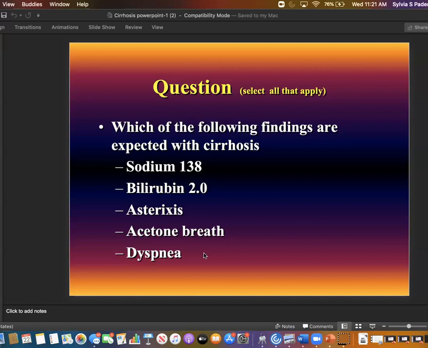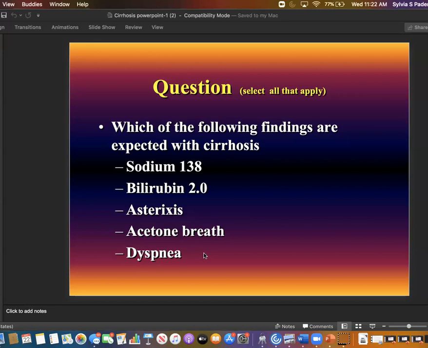So which of the following findings are expected with liver cirrhosis? Sodium of 138, that's a normal finding unless it's outside the range. I go by UCD values because that's where I worked as a nurse, and normal is considered 135 to 145, so this is within normal range.